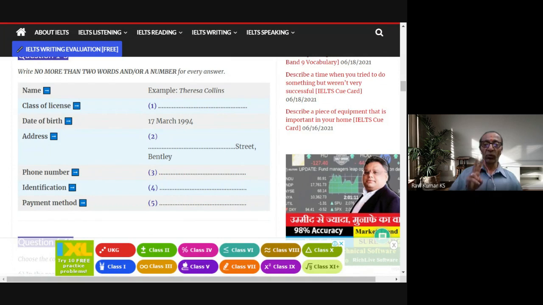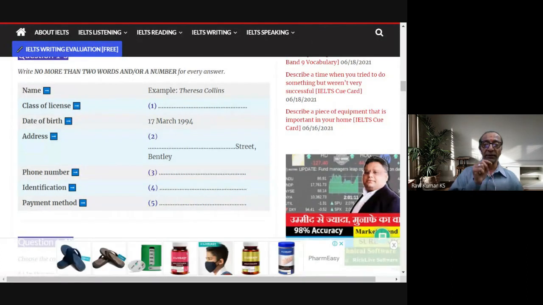You cannot write more than 2 words. For example, if the name is Teresa Collins, or Pooja PK, you have to write Pooja PK, so PK will not be separate, you have to join it. Or it can be numbers also, right? And/or a number.